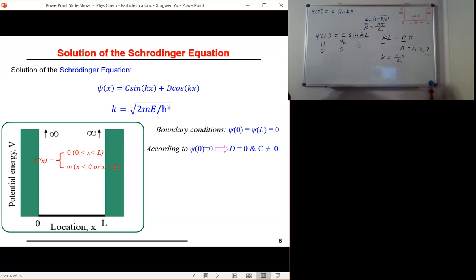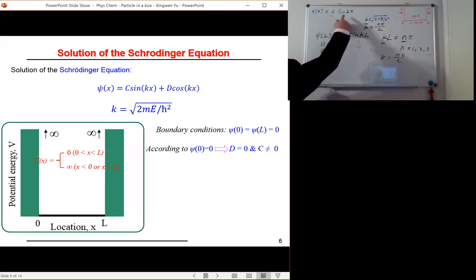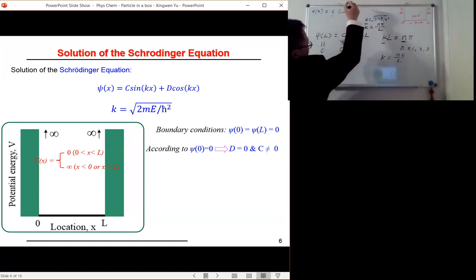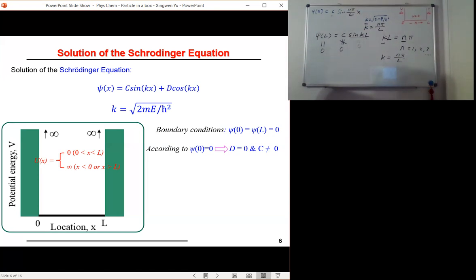And if k is n pi over L, we can replace k in the wave function. We can write it as sine n pi over L x, right?